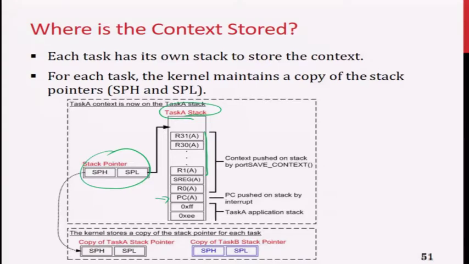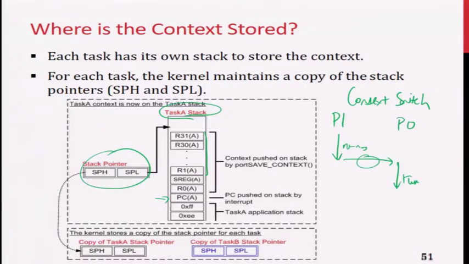Just now you saw that I have this idea of context switching, correct? That means if I'm currently running process 1 and process 0 wants to run, I need to do a context switch.